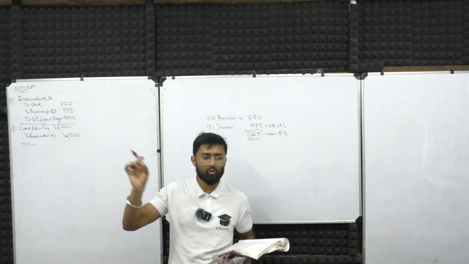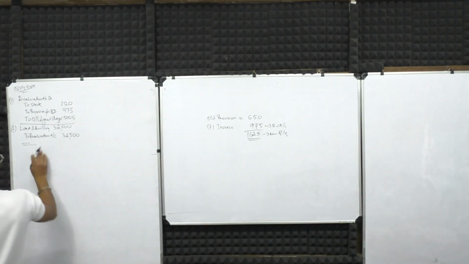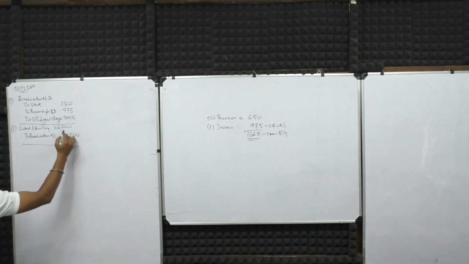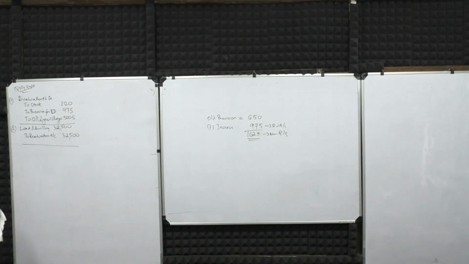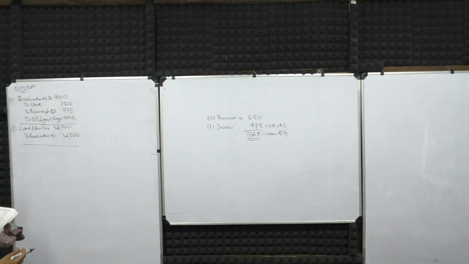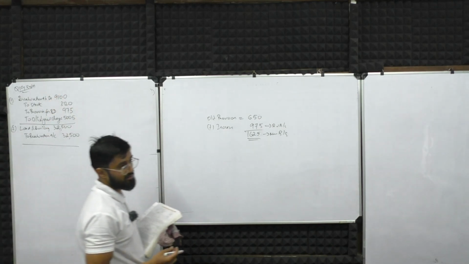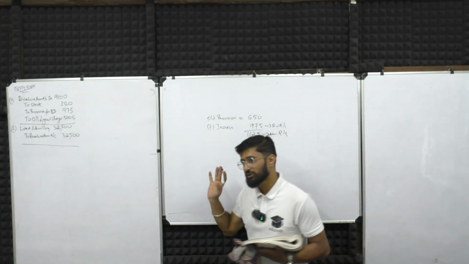Now the total debit of the revaluation account will be 9100. Any doubt? No.